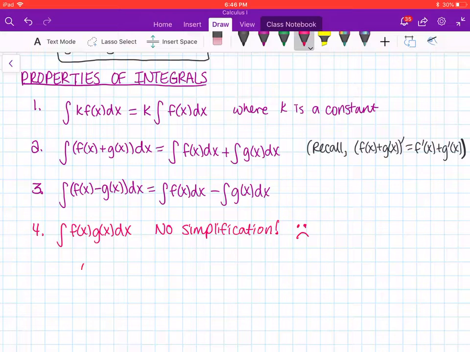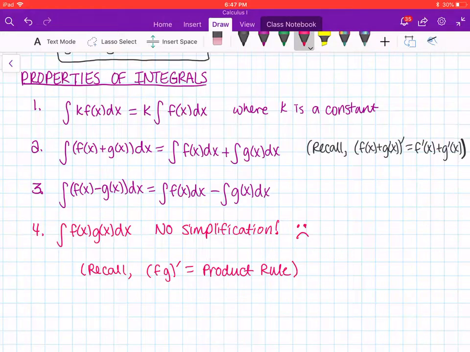And just while we're thinking about it, if you recall, if you go to take the derivative of two functions, it's the product rule. And because it's the product rule, because it's more complicated, we can't integrate nicely here.